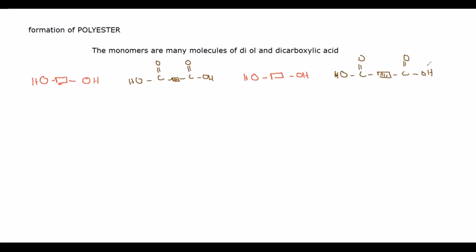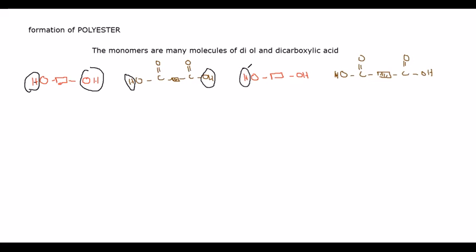To form a condensation polymer, basically H and OH should be removed. If one molecule loses its H on one side, the other side will lose its OH. Same thing: one side H, another side OH.